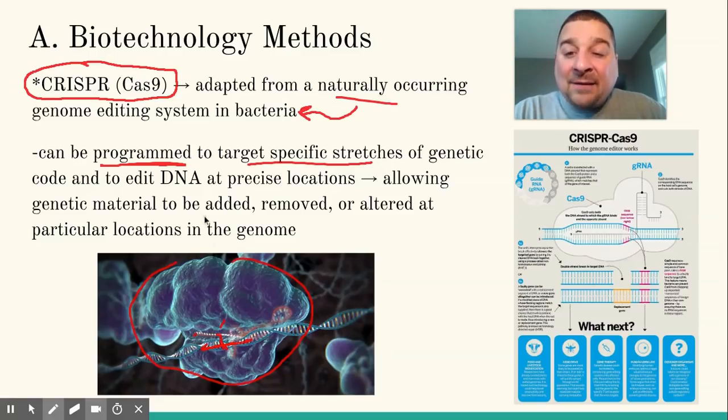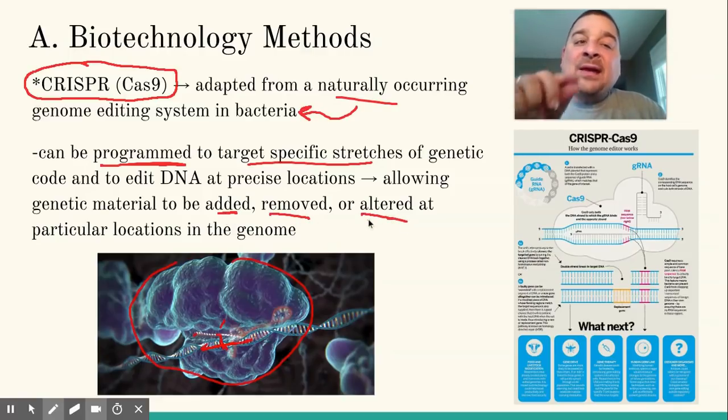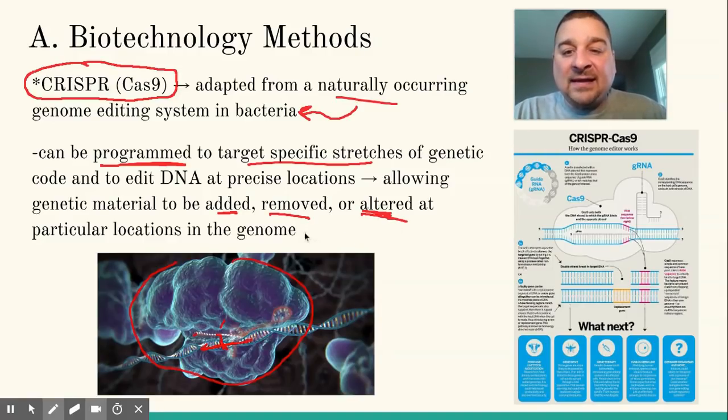We've even modified it and added other enzymes to it, so it might add a gene in, or cut it out completely, or go in and just change a couple of base pairs and alter it. Some big implications when it comes to things like cloning and gene therapy, and many treatments for cancer and other genetic disorders.